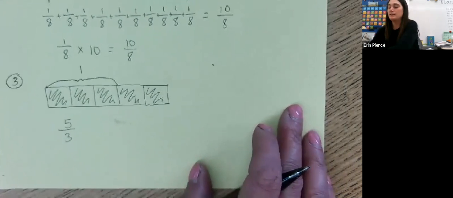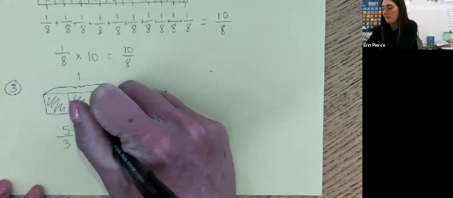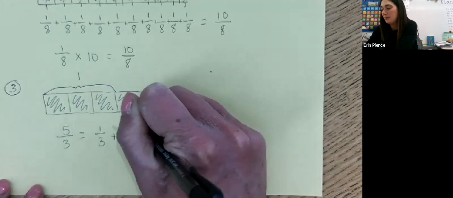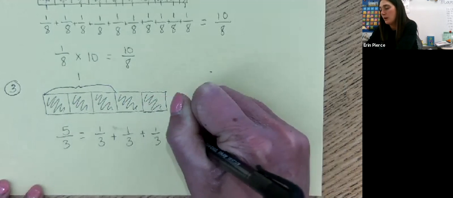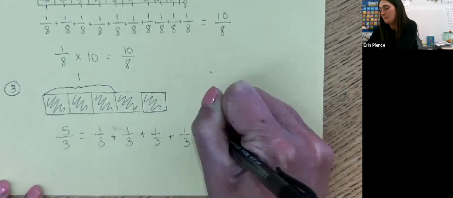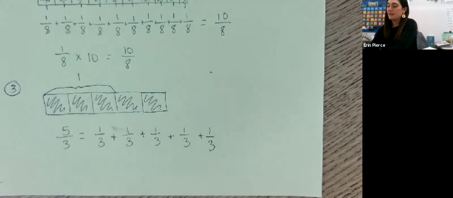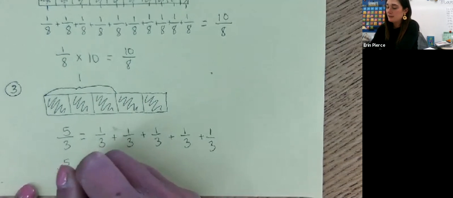If I write it as a sum, I would write 5/3 equals 1/3 plus 1/3 plus 1/3 plus 1/3 plus 1/3.